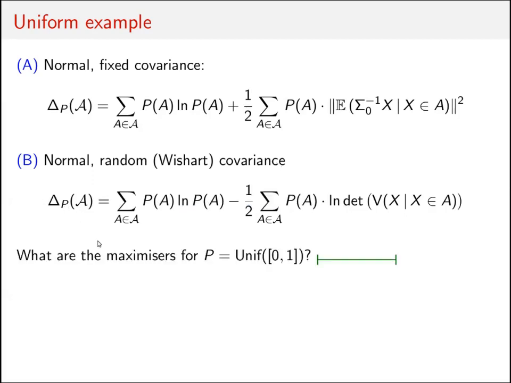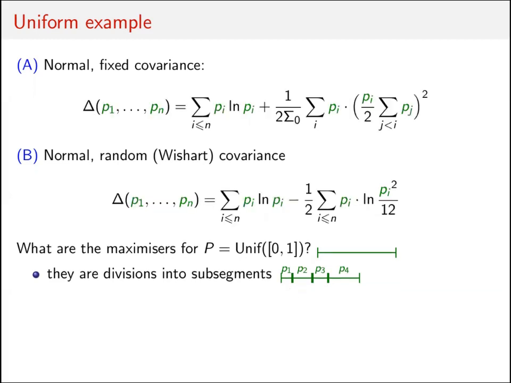But the only case in which we were able to find it analytically was the case of the input distribution being uniform on the 0-1 segment. So in both cases, you are able to prove that the partition that maximizes these expressions needs to be the one that you expect, in the sense that it consists of different subsegments. You cannot have this segment and this segment in one component within the maximizers. Every segment creates a different component.